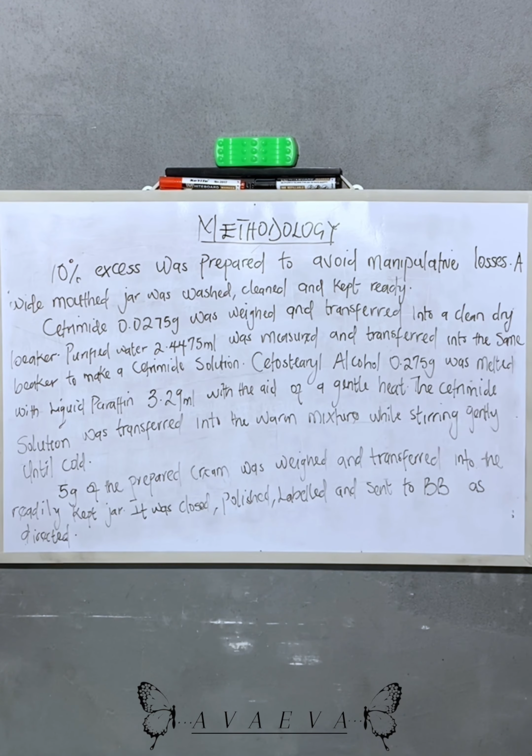Cetostearyl alcohol 0.275 gram was melted with liquid paraffin 3.29 ml with the aid of a gentle heat. The cetrimide solution was transferred into the warm mixture while stirring gently until cold. 5 grams of the prepared cream was weighed and transferred into the readily kept jar. It was closed, polished, labeled, and sent to BB as directed.